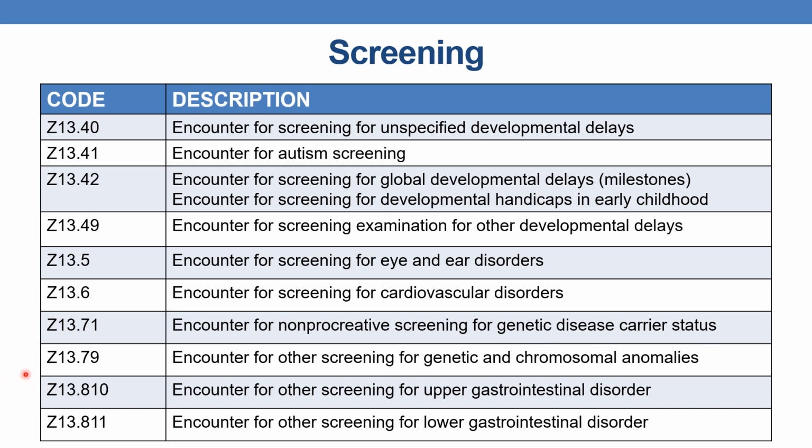The next is Z13.79. It deals with encounter for other screening for genetic and chromosomal anomalies. Next is Z13.810. Encounter for other screening for upper gastrointestinal disorders. And finally Z13.81. It deals with encounter for other screening for lower gastrointestinal disorders.